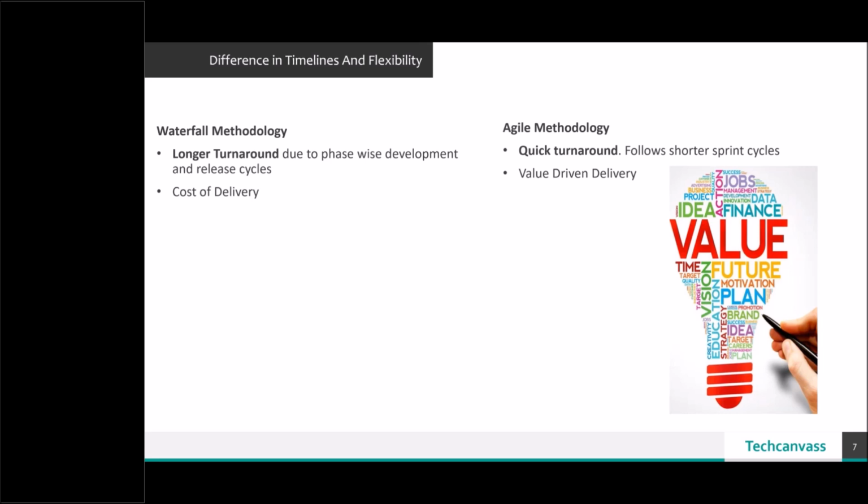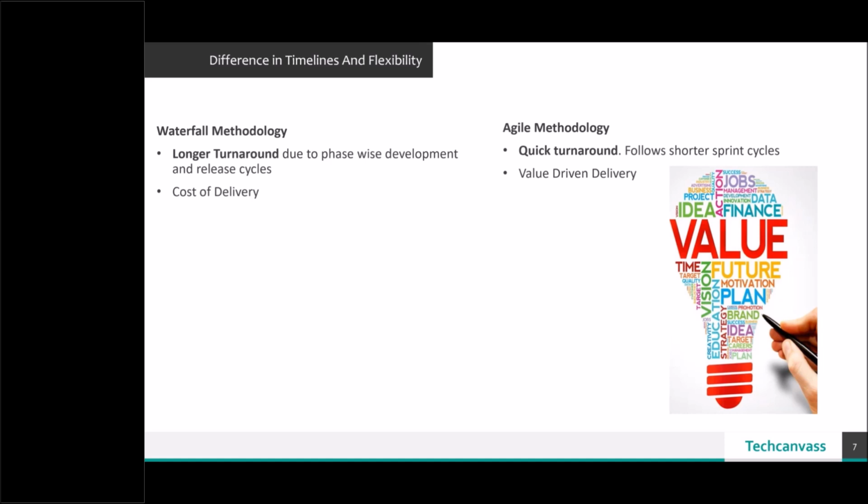Generally, what I've seen in the industry is that most companies follow a 2 to 3 week sprint cycle, with 2 weeks being the general norm, with 5 to 7 members on the team. If there is a 2 week sprint cycle, after every 2 weeks you are releasing the product and making it live. The focus, as I said, is always on the value you are providing to the customer.